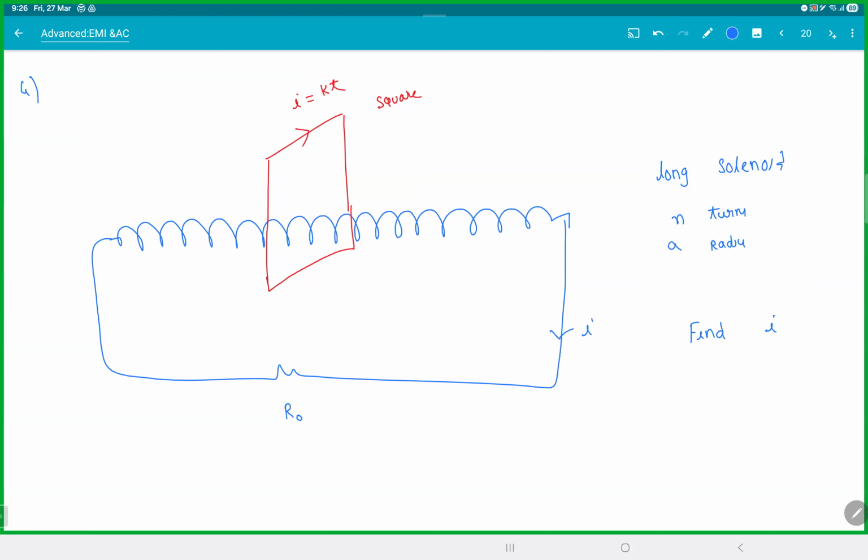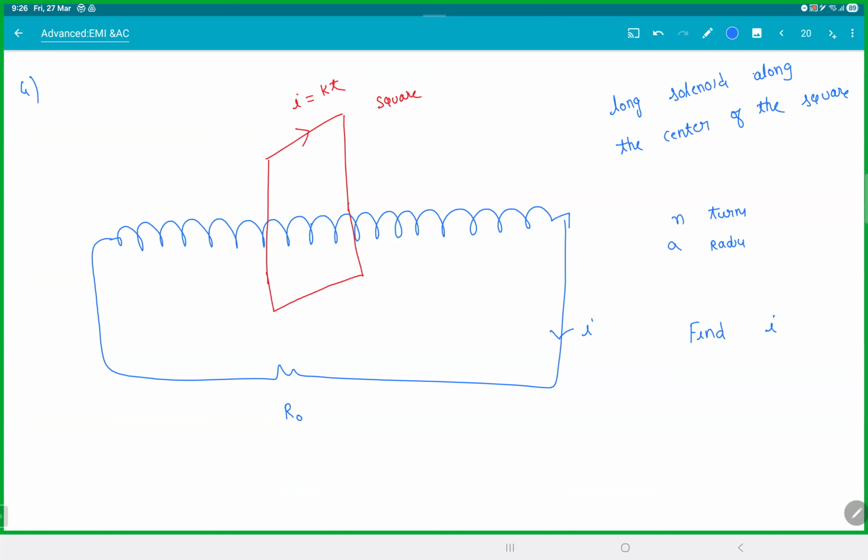You're getting the question? There's a long solenoid, and the square loop is around it, with the solenoid through the center of the square.